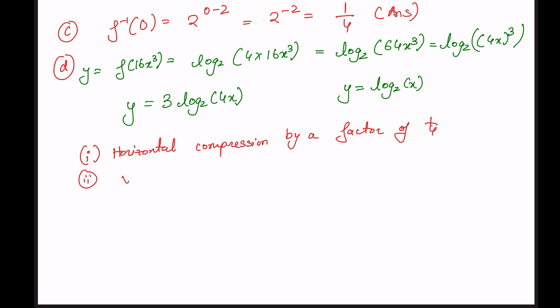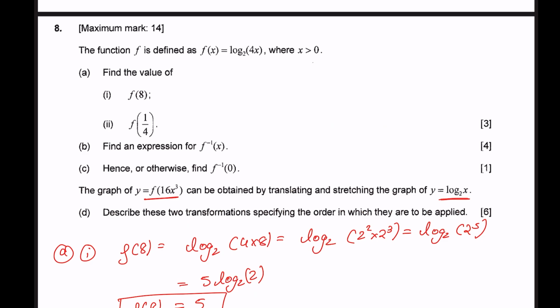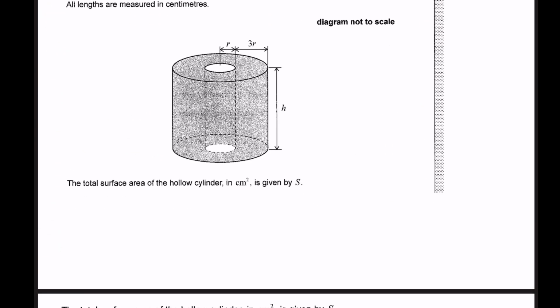And second is there is a vertical stretch by a factor of 3. This is because of the 3 multiplied in front of log base 2 of 4x. These are your two transformations, and that's the answer to this question. And with this, we finish question 8, and we'll move on to the last question.